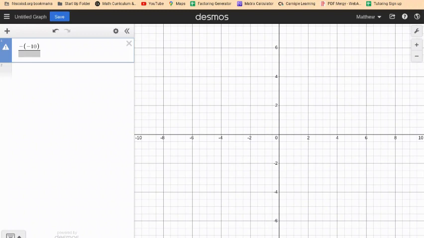The first time I'm going to do plus, since I can't do a plus minus. So I do negative b, which was negative 10, plus the square root of negative 10 squared minus 4 times a, which was 1, times c, which was 23, all divided by 2 times 1.